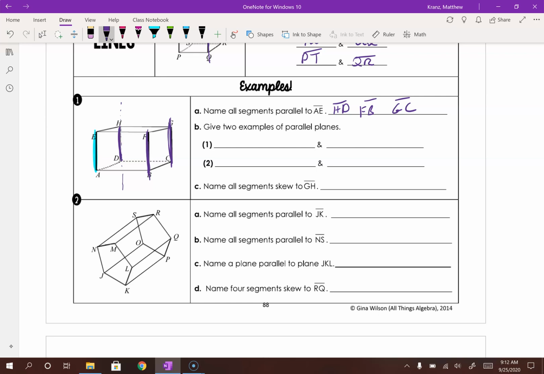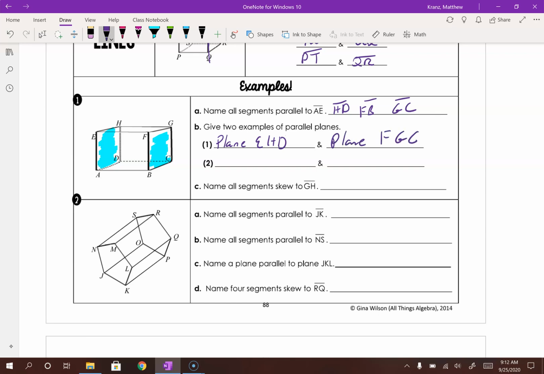Now give 2 examples of parallel planes. These are flat surfaces that don't touch. If I look at these planes right here, this side of the box, this side here would be parallel to it. They don't touch. So we could say this will be plane HD, and plane FGC.